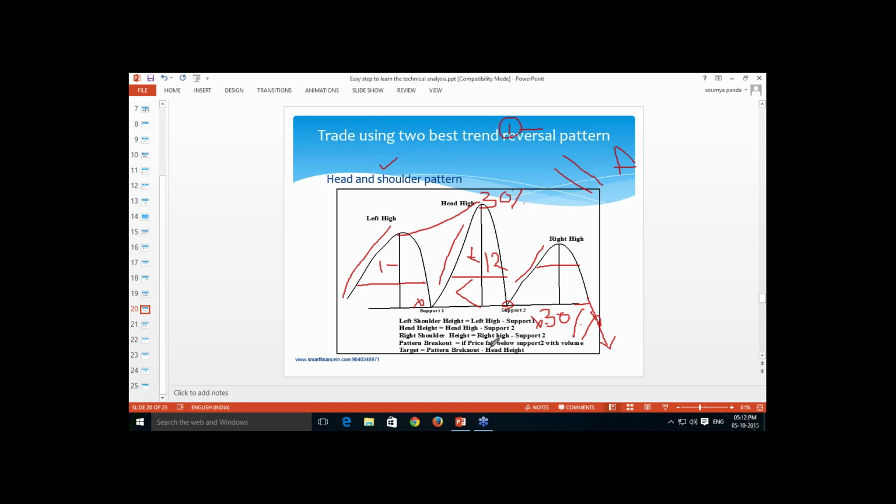We have to go for a breakout point. So once we are identifying pattern breakout, fall below support 2, means in the third attempt of your fall, if it is falling below support 2, you can say pattern breakout happened. If the pattern breakout happens, then target will be pattern breakout minus head height. This is what the pattern's arithmetic is.